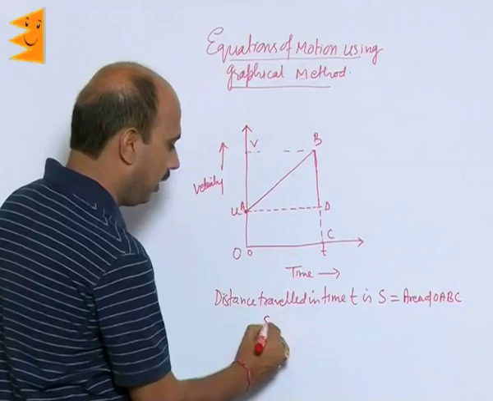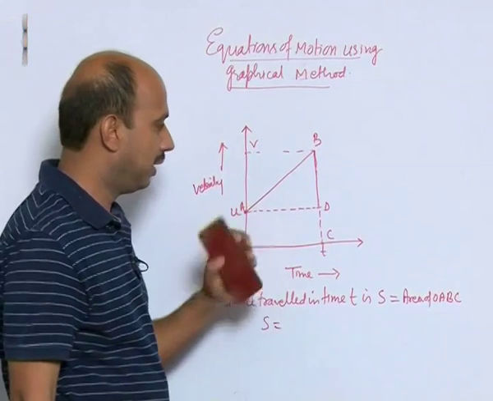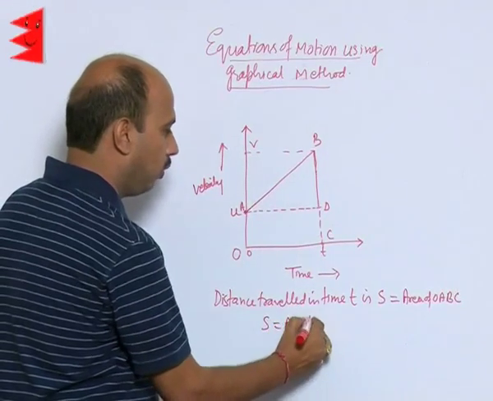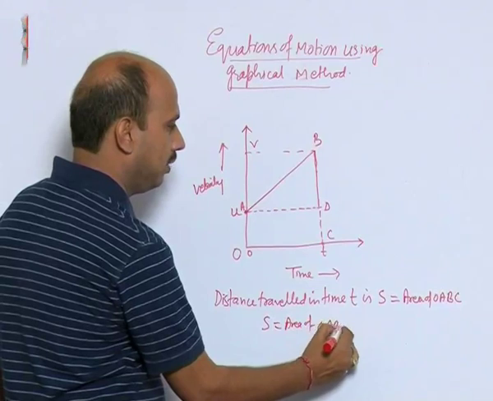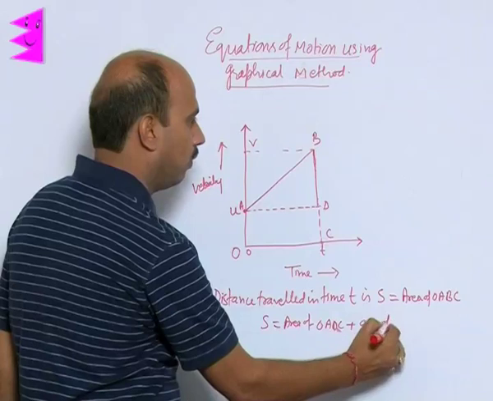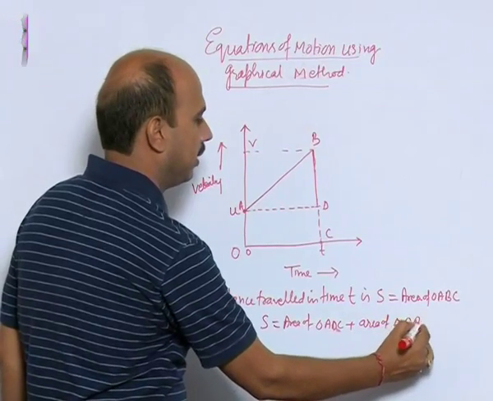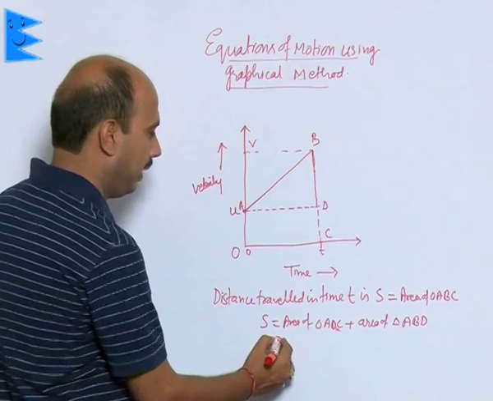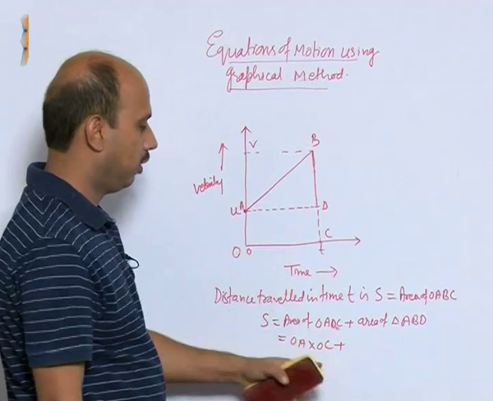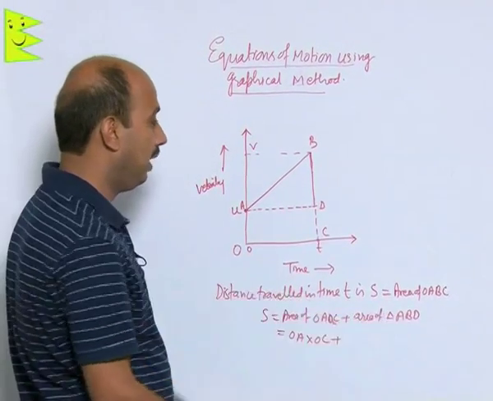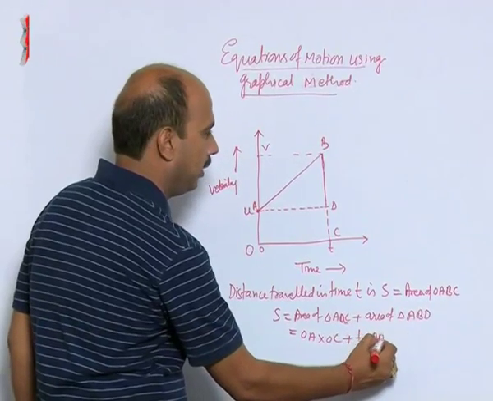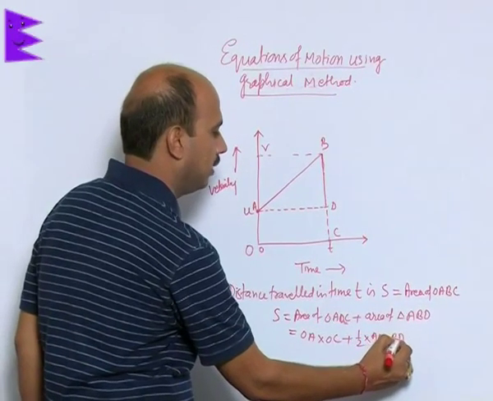So, we can write S is equal to, that is the distance or displacement, the area of rectangle OADC plus the area of triangle ABD. Here we can write OA into OC plus the area of triangle ABD, half into AD into BD, base into height simply.